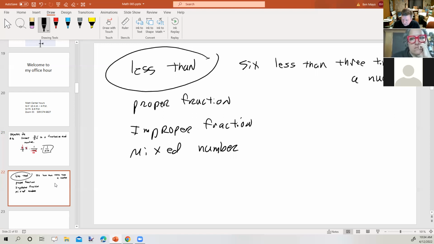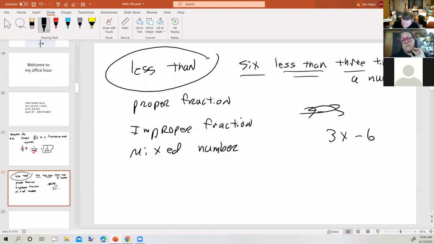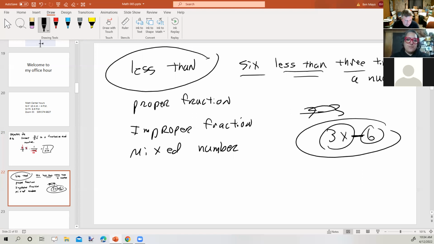The numbers vary, different people had different numbers, but less than means you're taking that first thing away from the second. So like this would be 3 less than 7. Okay, 3 less than. So 6 less than 3 times a number would look like that. 6 less than, so you're taking it away from 3 times a number. Okay, so we need to work on that.